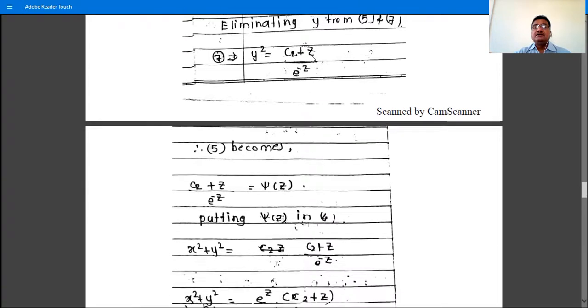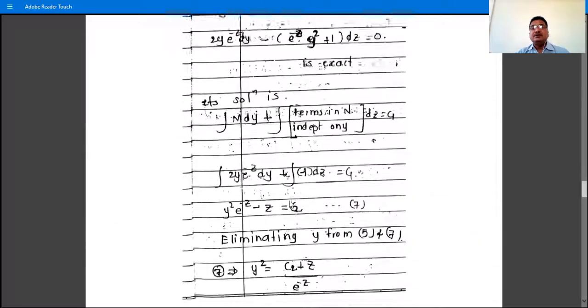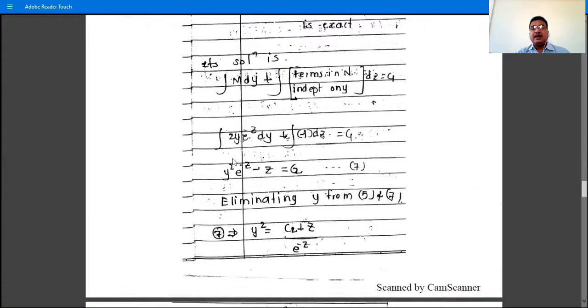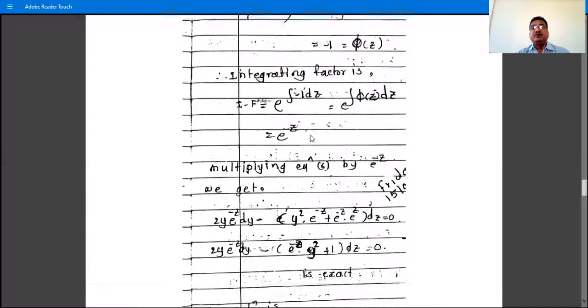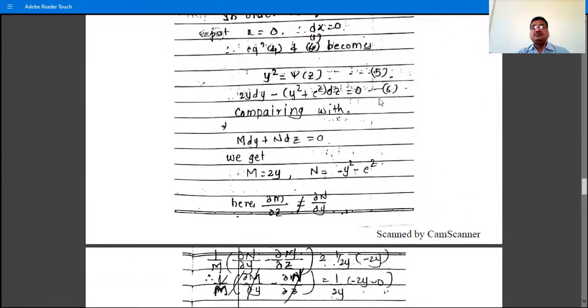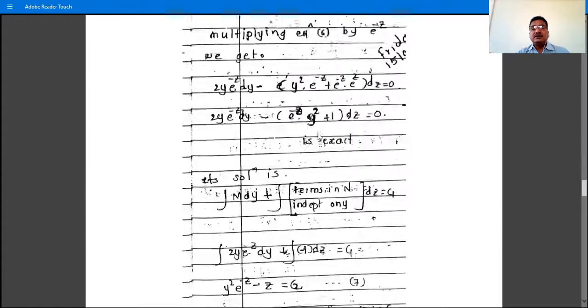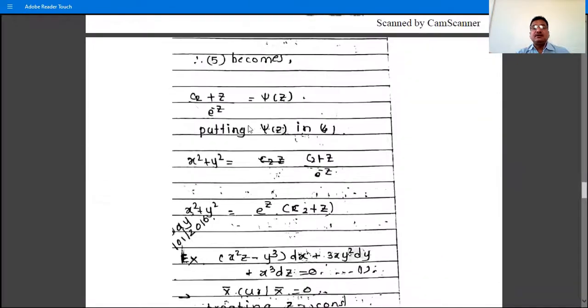So we have (c2 plus z) divided by e raised to minus z is equal to psi z. Substitute y as root psi z, because from equation number 5 we have y is root psi z. We have this, and then we have the value of psi z.